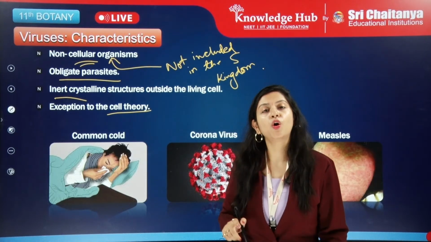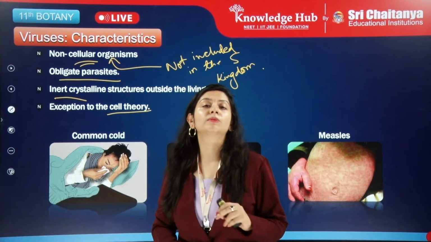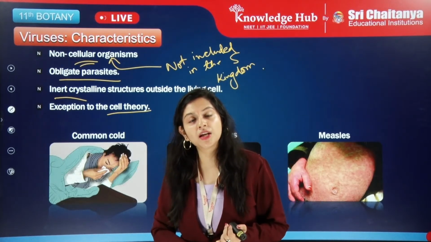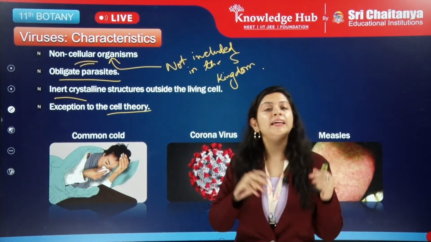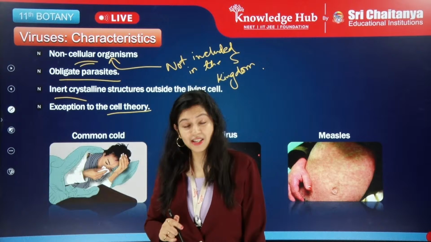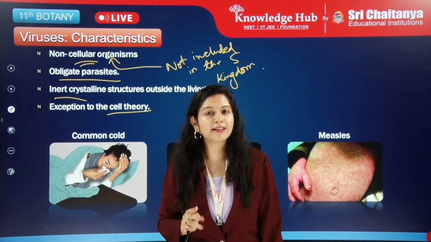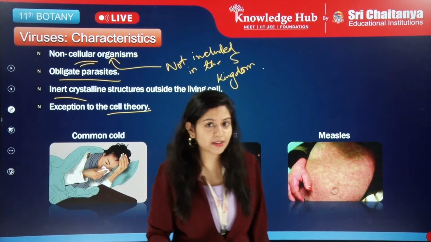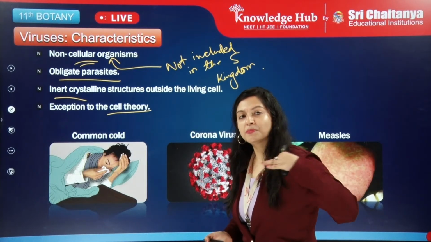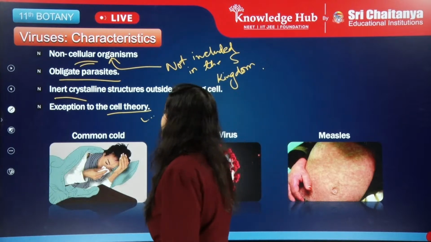Cell theory says that all cells arise from pre-existing cells, and a cell is a structural and functional unit of any living organism. But the viruses do not have cells, my dear students. So it is an exception to the cell theory.